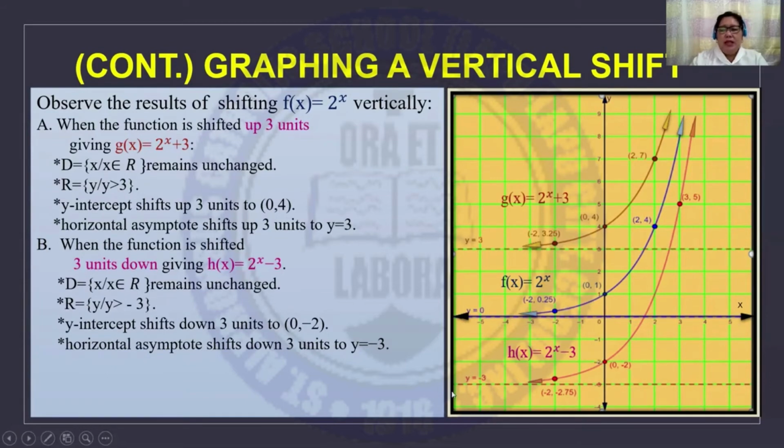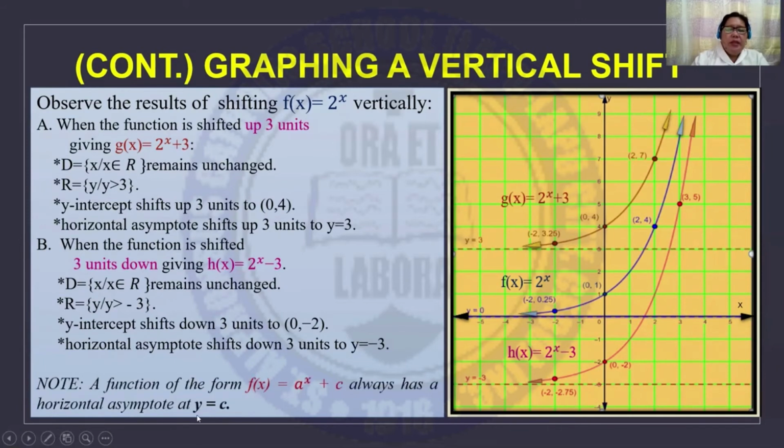The horizontal asymptote now is y equals negative 3 because from the original you shifted down 3 units. And take note, a function of the form f of x is equal to a raised to x plus c always has a horizontal asymptote at y is equal to c.